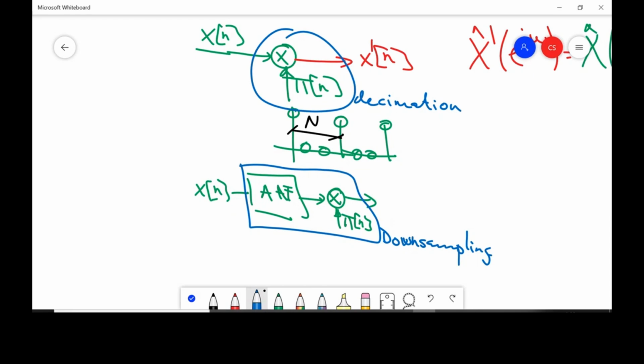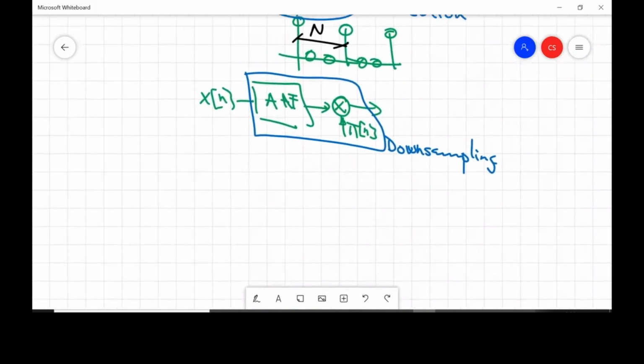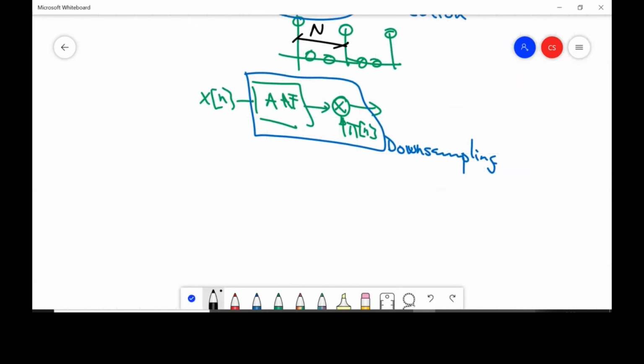Okay, so let's remind a bit again before we get further. Let's see what will happen. So we have a Fourier transform of this signal. Let's put again the model with decimation on it.